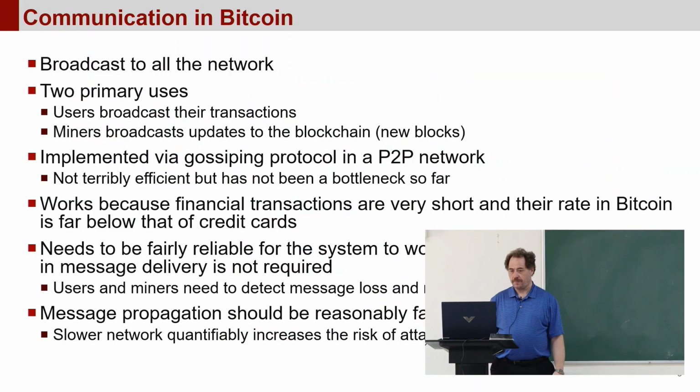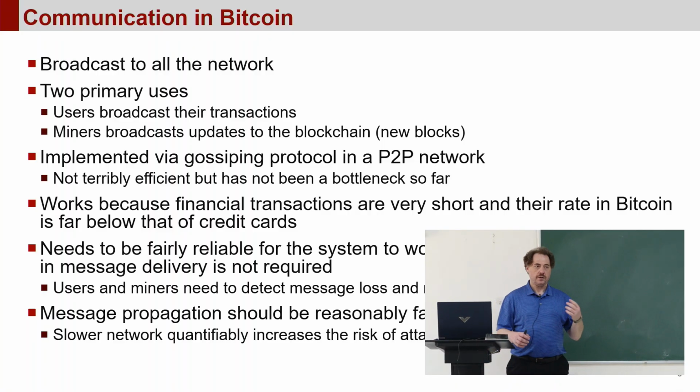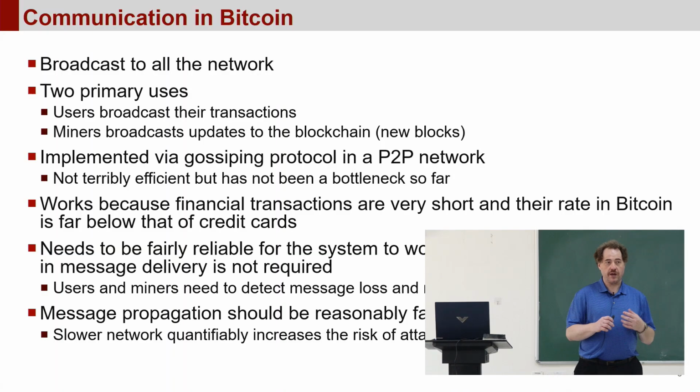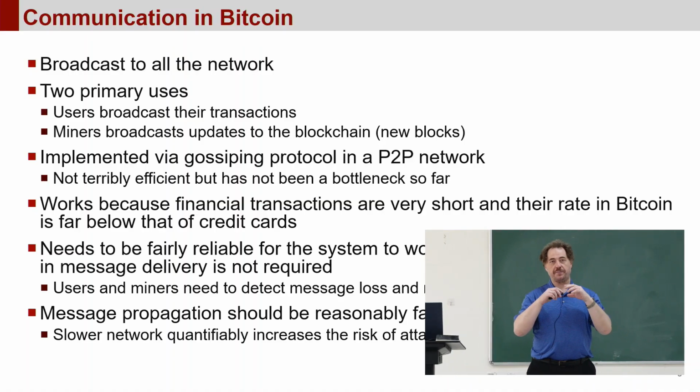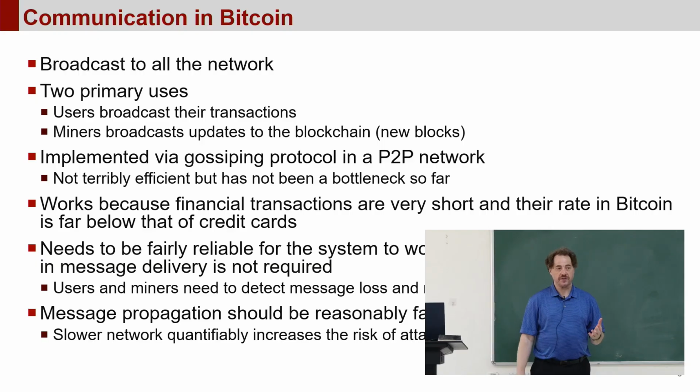Next, we are going to talk about communication in Bitcoin, the communication layer. So in Bitcoin, the primitives of communication are relatively simple. We just broadcast information to the entire network. Okay, what kind of information?